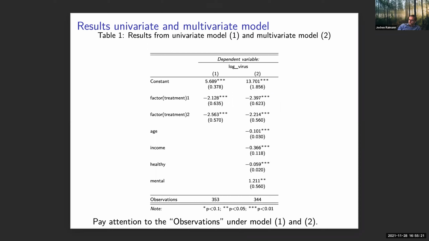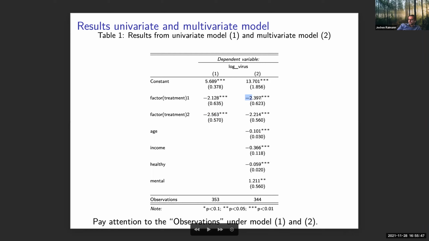When we are now comparing the univariate to the multivariate model, we see an intercept and a comparable decrease in the log-transformed viral load, which is consistent with what the HAART regimen should induce.